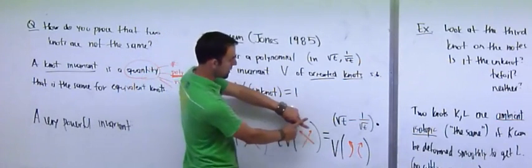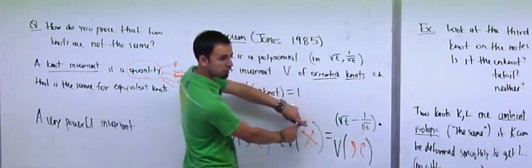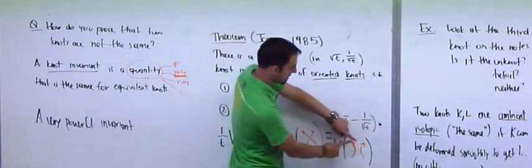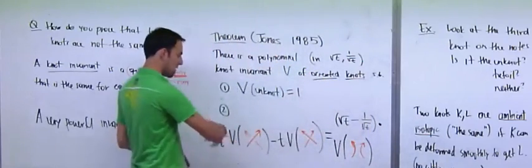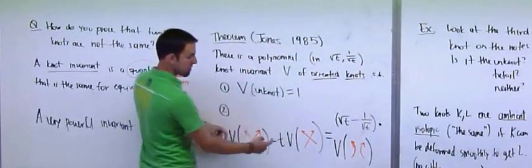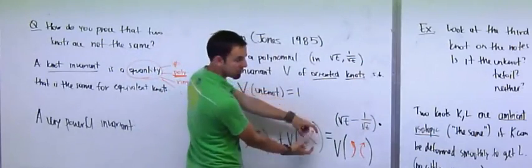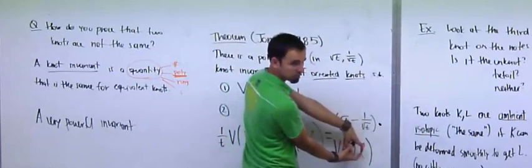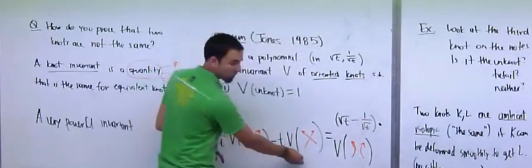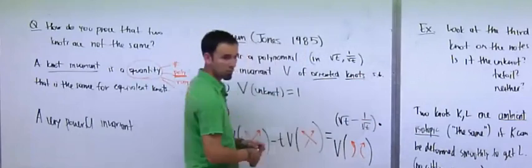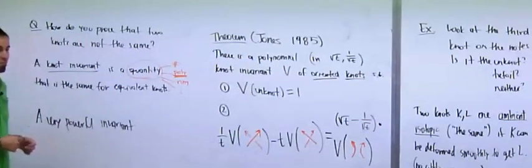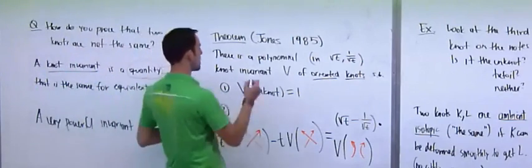This knot is obtained by crossing these two strands, and this knot by separating them. So you get the same knot except the little piece looks like this, or like this. For each one of them you have a polynomial, and these three polynomials are supposed to satisfy this relation.